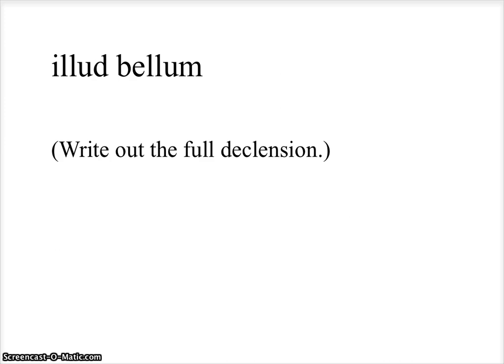Let's again practice the neuters with bellum. Illud bellum, that war. How do we say of that war? Illius belli. To or for that war? Illi bello. Pay close attention to that form.